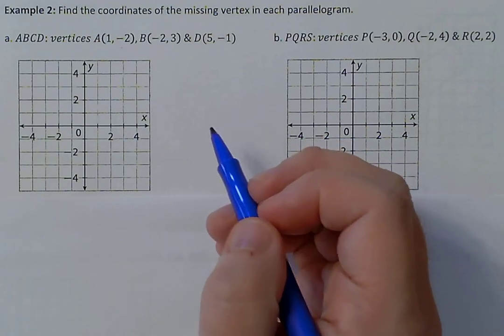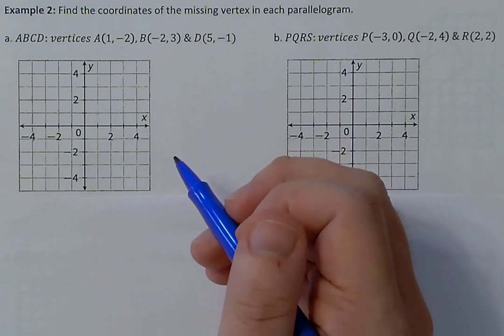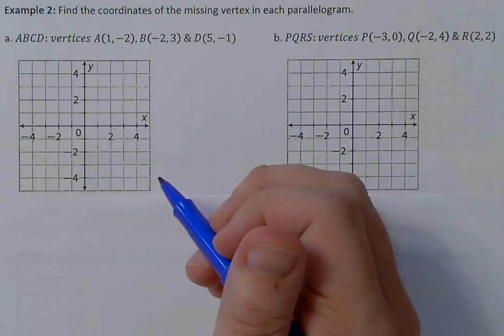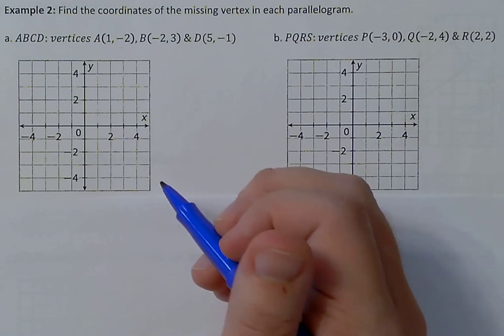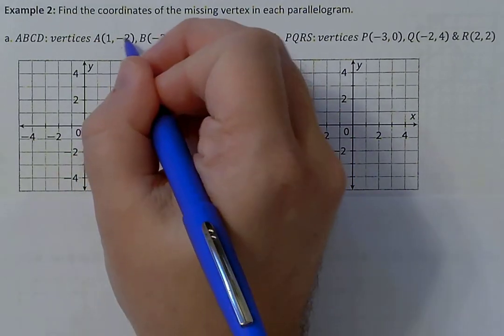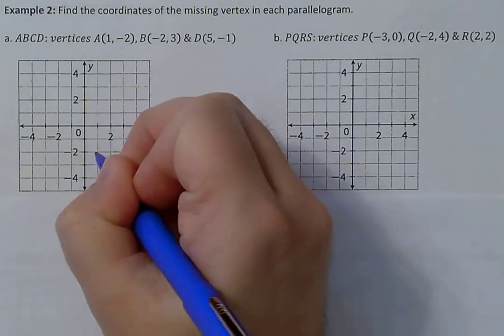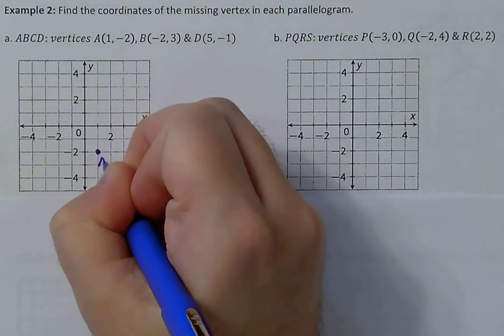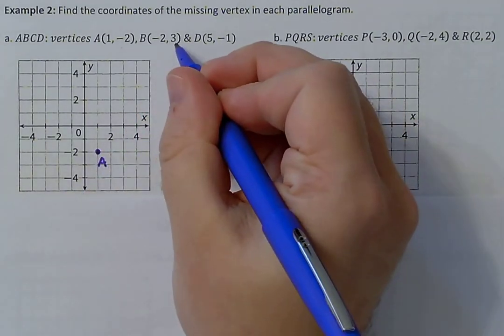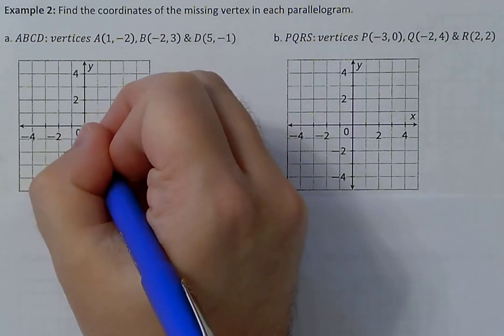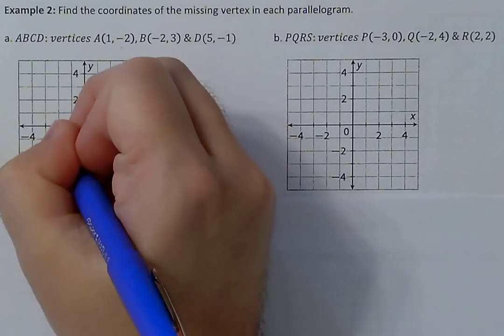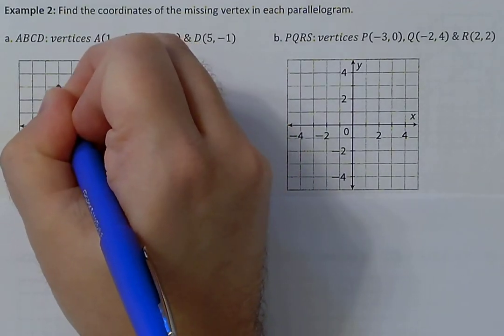So our goal for the notes is to first go through and plot the points. On the homework, they will have already plotted the points for you. So A is at 1, negative 2. B is going to be at negative 2, 3. So we go back 2 and then up 3.